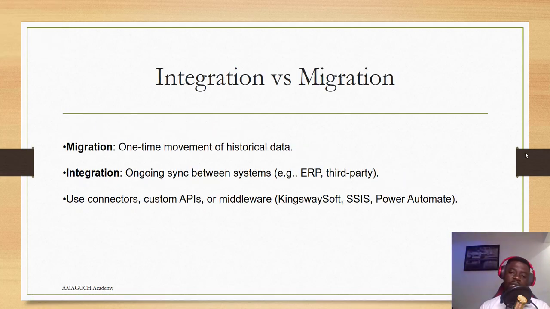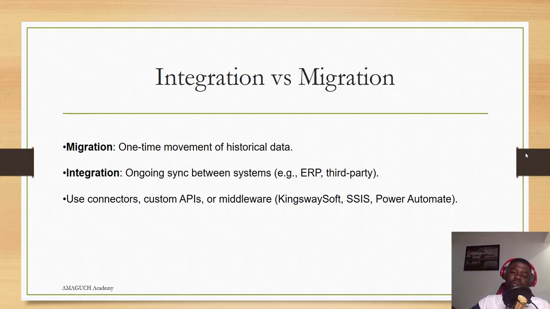So now let's proceed to integrations versus migration. Migration is a one-off. I'm just moving everything once, boom, to my environment. Whereas with integration, there's a source, then maybe you have a staging area, and after the staging area, you have your Dataverse.